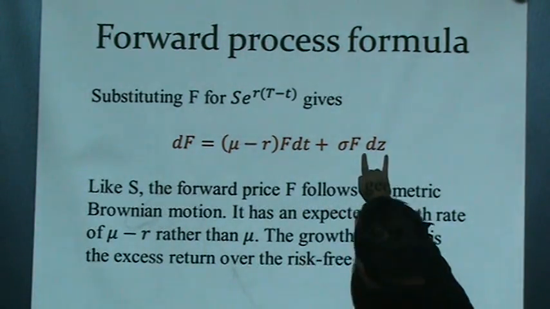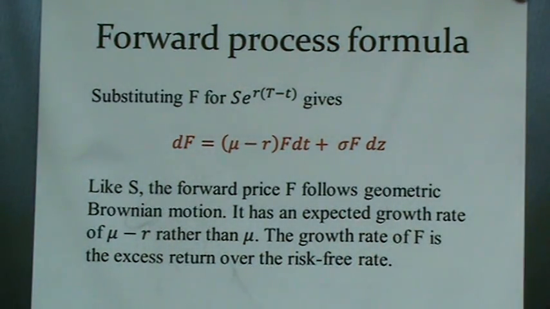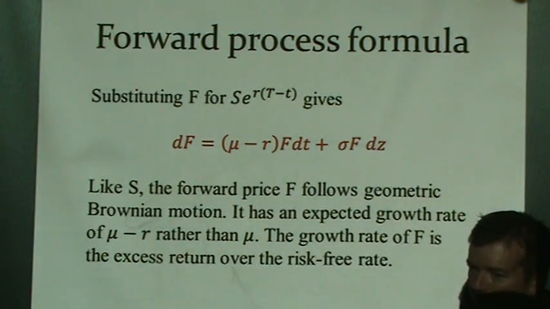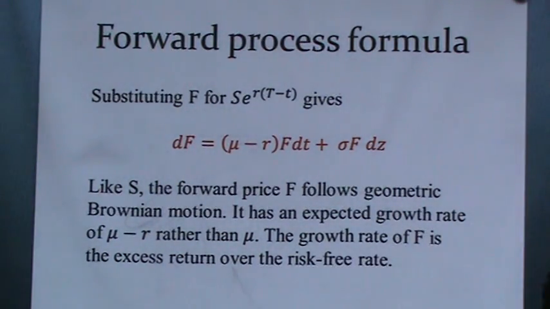And then we multiply this by the same Wiener process. So this ends up being a formula we could use to model the forward corresponding to the stock price.